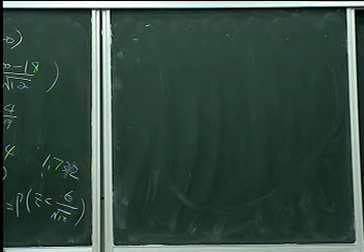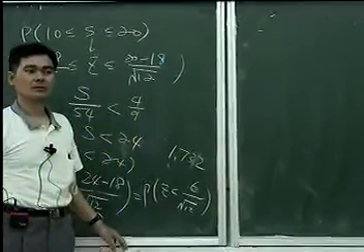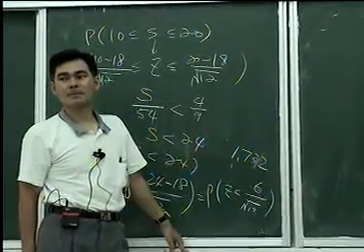Anyone got the number? I just want to remind you there's something you have to pay attention to. Can anyone tell me the probability there? What should be the probability?